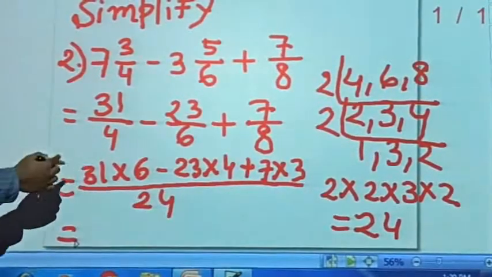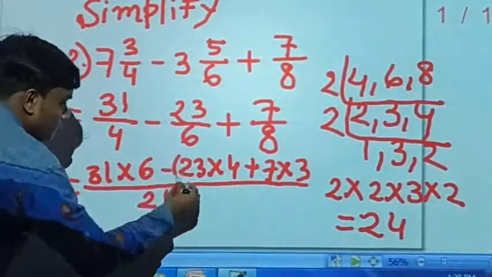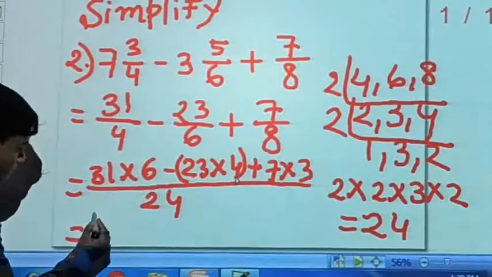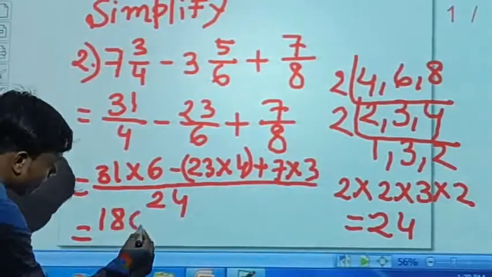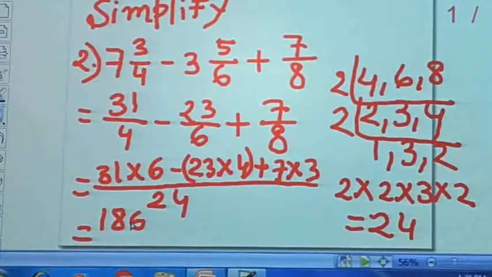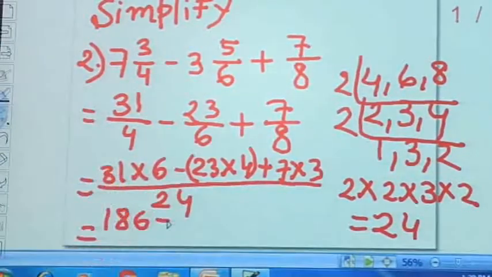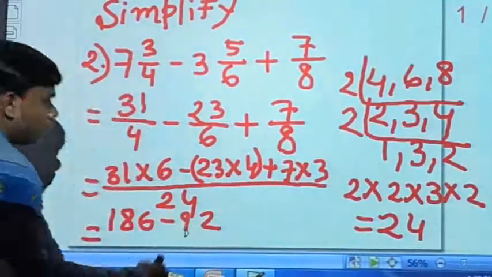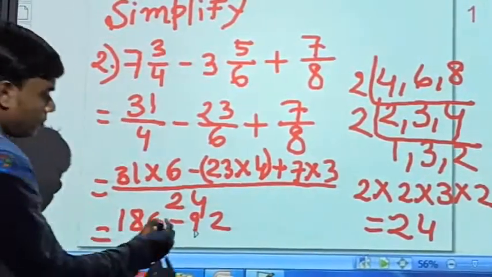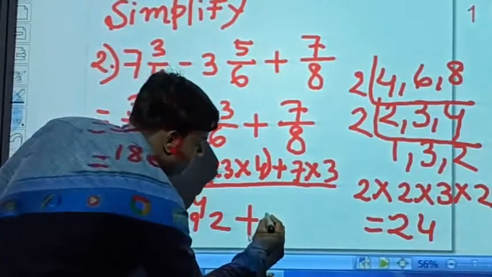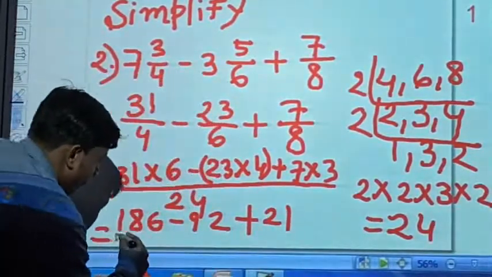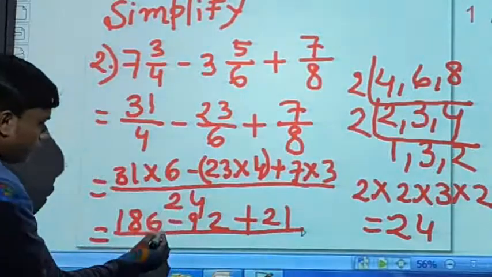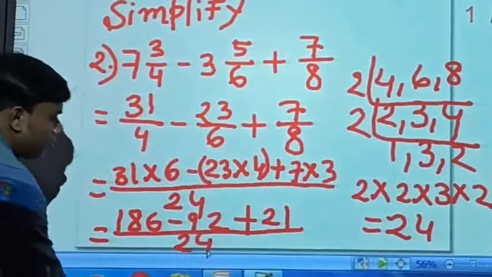So 31 into 6 is equal to 186, minus 23 into 4, 92, plus 7 into 3, 21, by 24.